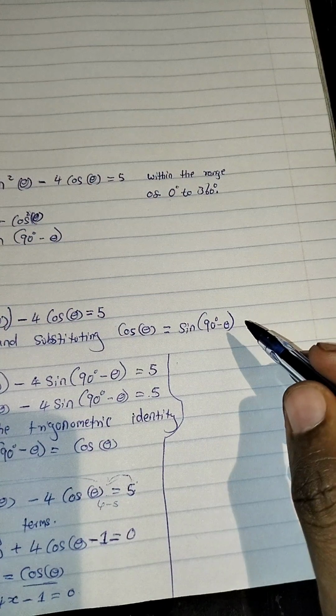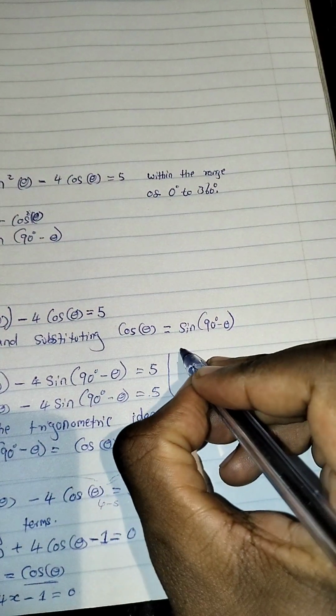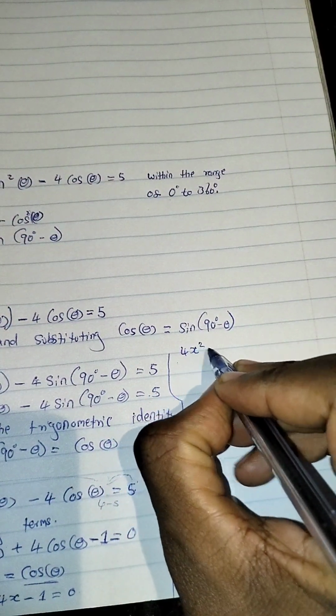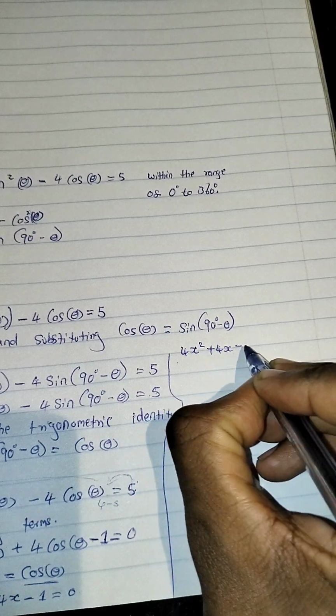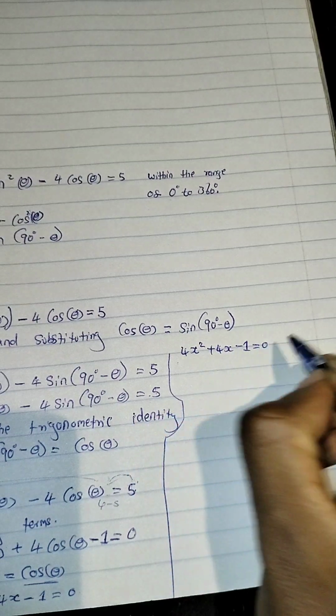Since it has formed a quadratic equation, I'm just going to write it here, which is 4x squared plus 4x minus 1 is equal to 0.